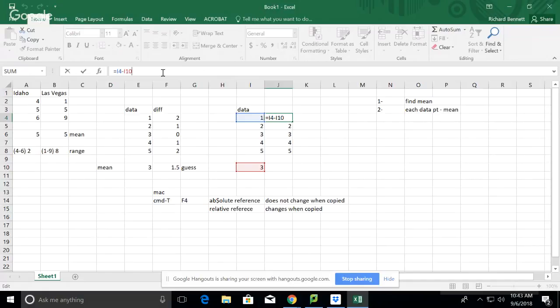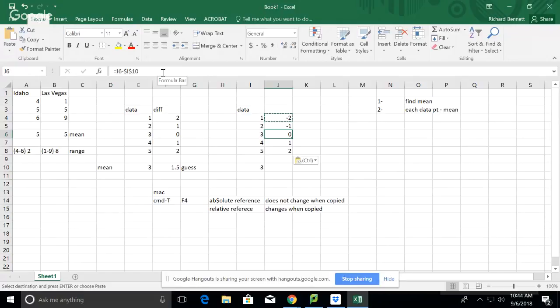So if I press the F4 key on my keyboard, you'll notice that it puts those $ signs in there. So I've just turned I10 into an absolute reference. I want the I10 not to change. I want the I4 to change. So now when I copy this and paste it, it works properly.